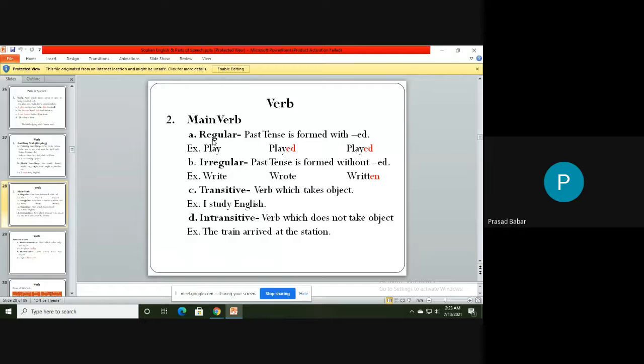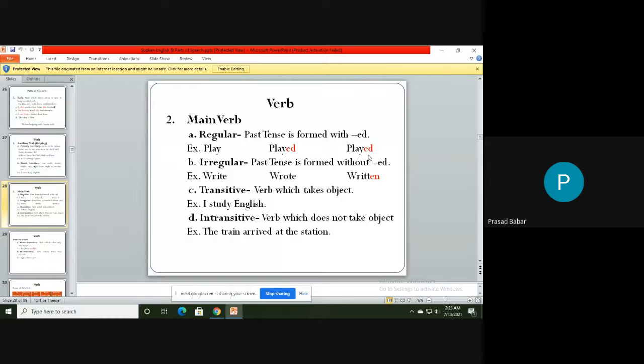So what is the regular type? The regular verb is the verb in which the past tense is formed with the suffix ed. So in regular verbs generally we add ed to form the past tense or past participle.